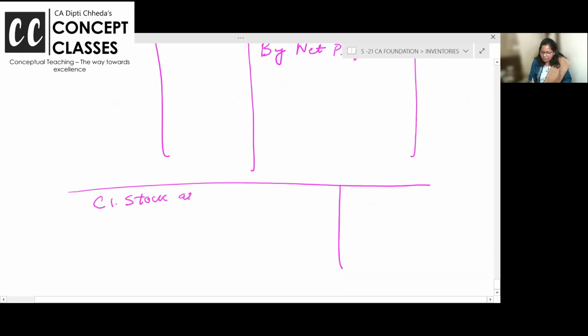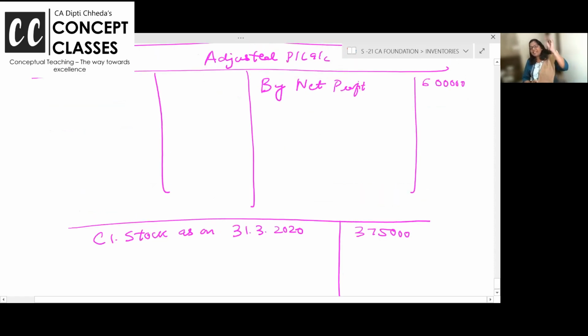Closing stock as on 31st March 2020: 3,75,000. Have you made it simultaneously? Whatever is the change in the profit, we will give the effect, and whatever is the change in the stock also we will do. Shall we go ahead?